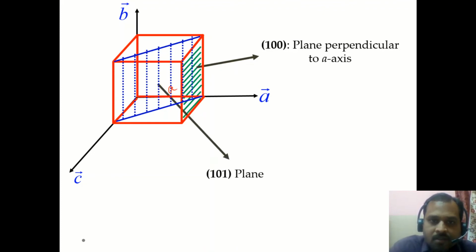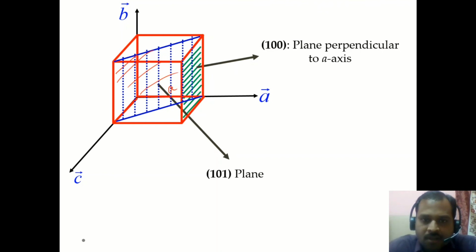So this is (1 0 1) and this is (1 0 0). Like that we can find out the Miller indices for any given plane by finding the intercepts of the plane with the A, B and C axes.